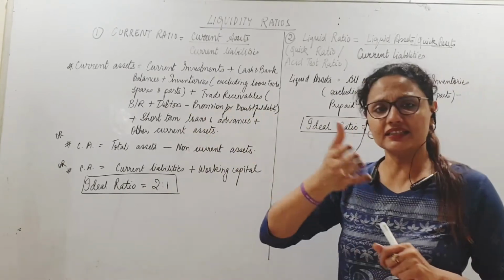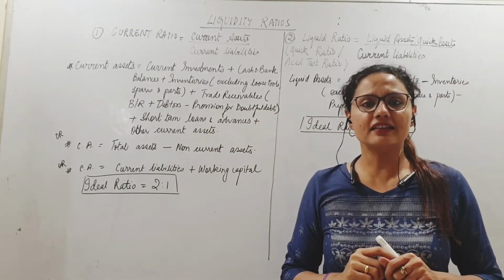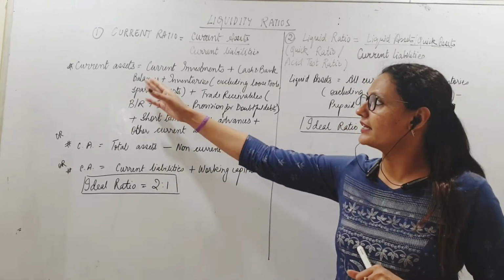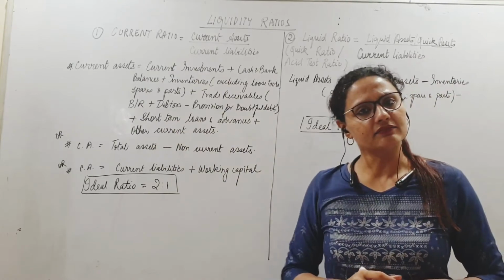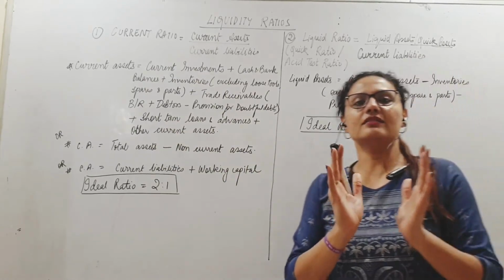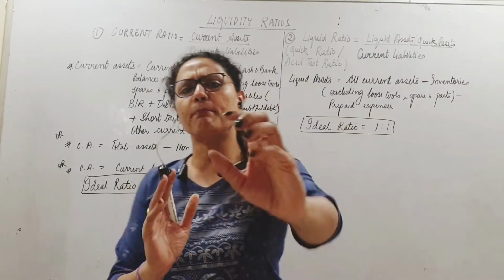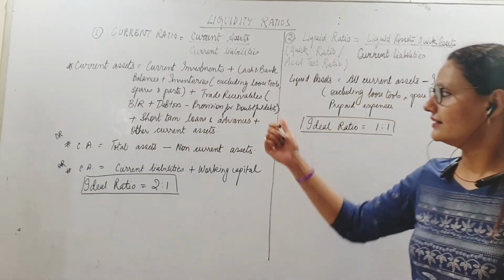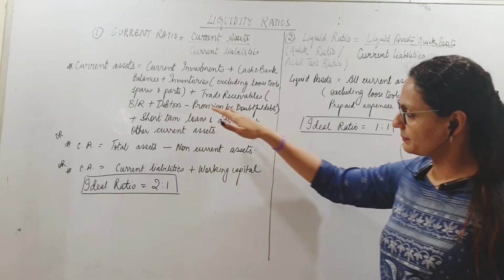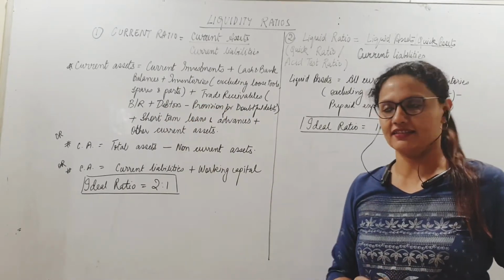I do not expect these debtors to pay me, right? So why will I take it when I am calculating current assets for current ratio? So I will subtract that from my debtors and I will see which are my good debtors who will surely pay the money, correct? So we will not take the debtors at their gross value. We will subtract provision for doubtful debts here.